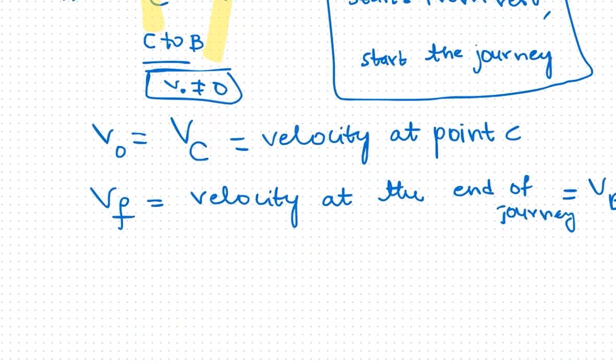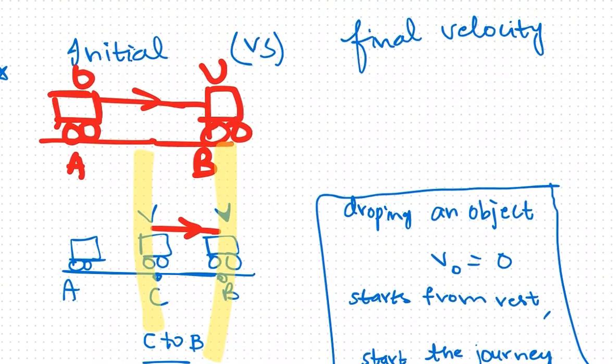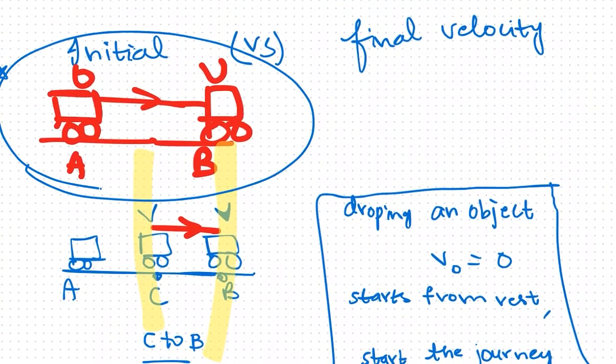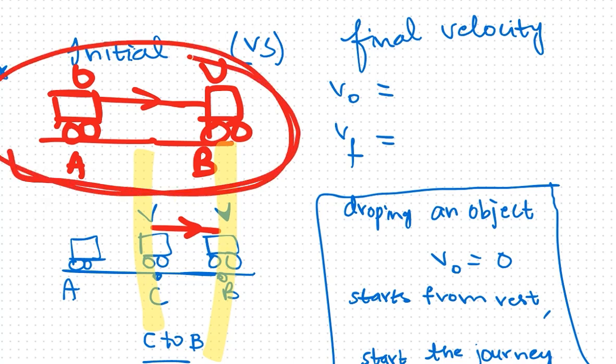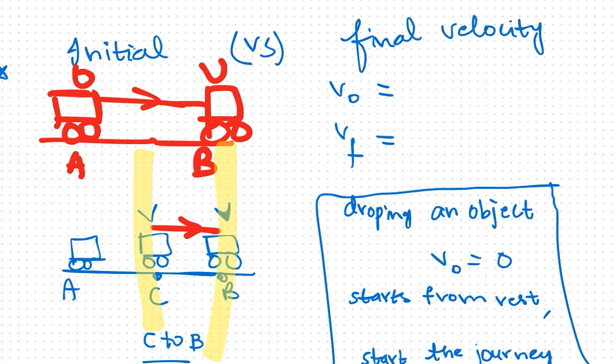So clear, right? Quickly write this. For this case, what is V0 and what is VF? V0 is how much?